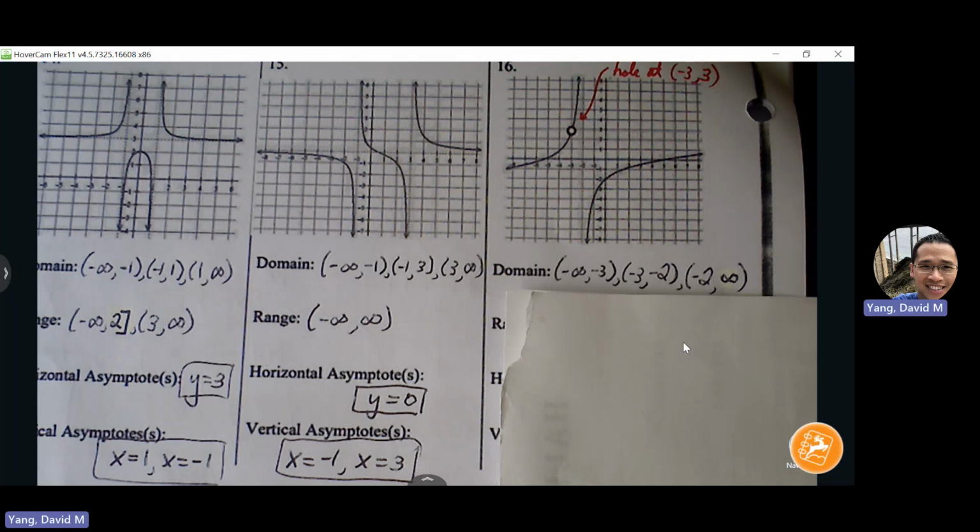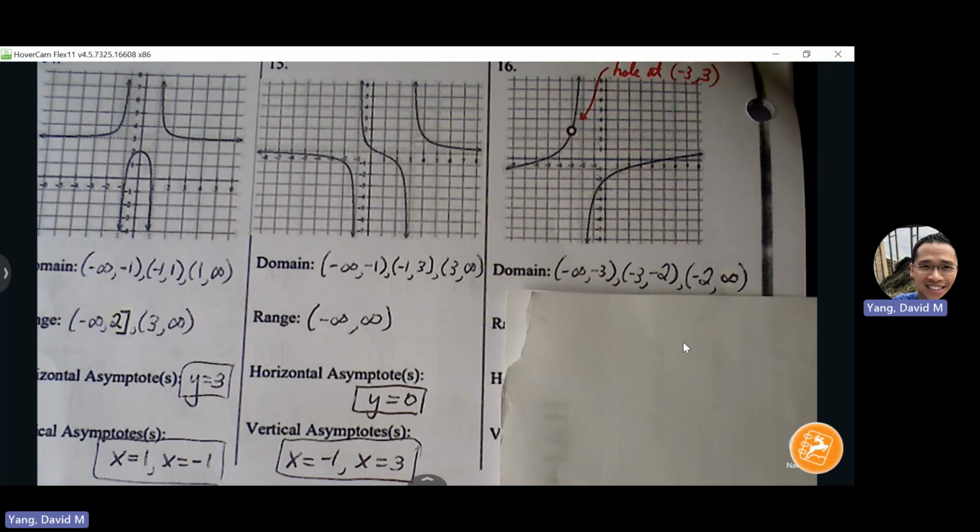Now, what about the range? Is that hole going to impact my range? Yes. It looks like it, right? But why does it not? Oh, because the other one goes to. Yeah, this one is kind of hidden, right? But this continues to rise slowly, but eventually it's going to cover all the y values.